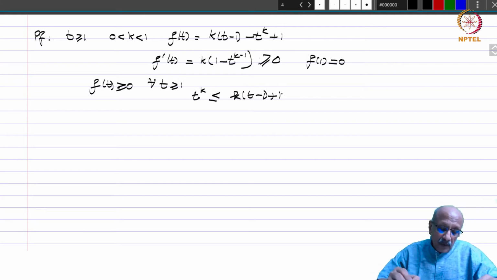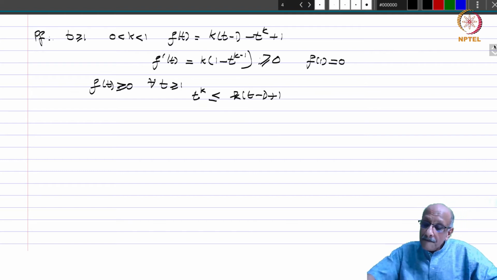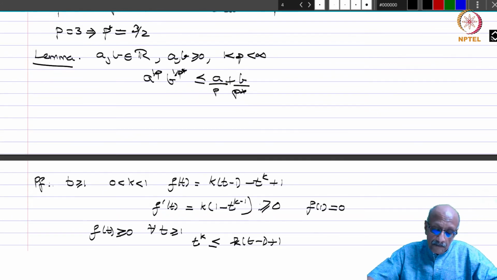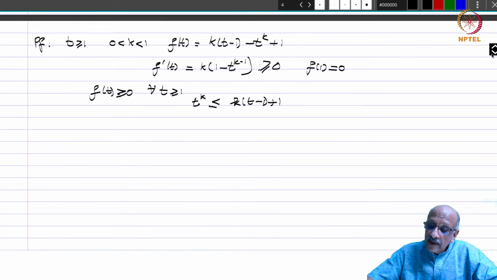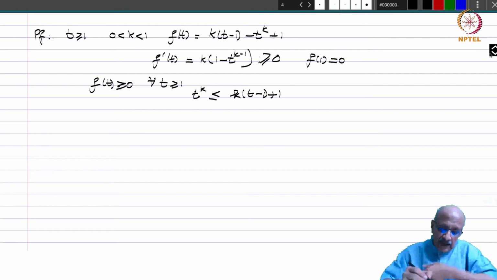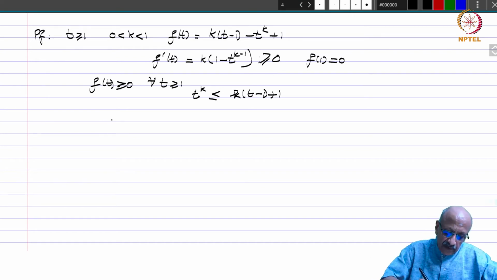So now, if you look at the inequality which we wanted to prove, if a or b is 0, then there's nothing to prove. This inequality is already okay, and therefore we can assume that a and b are strictly positive. So in particular, let me assume that a is bigger than or equal to b, strictly bigger than 0.